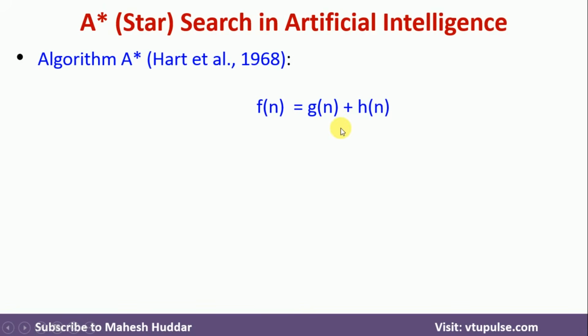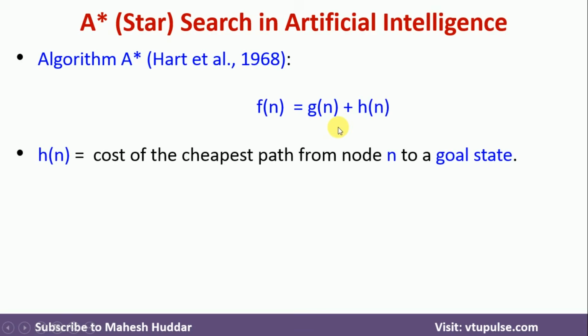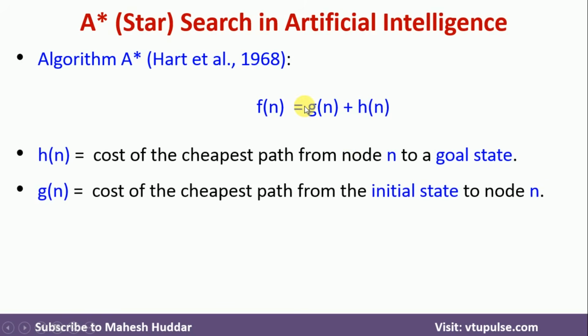Those are the two pieces of information we use to select the successor node. For each successor, we calculate this value, select the successor based on it, and proceed in this direction so that we can reach the goal node.